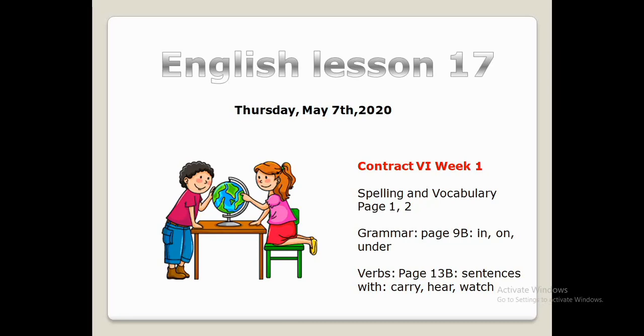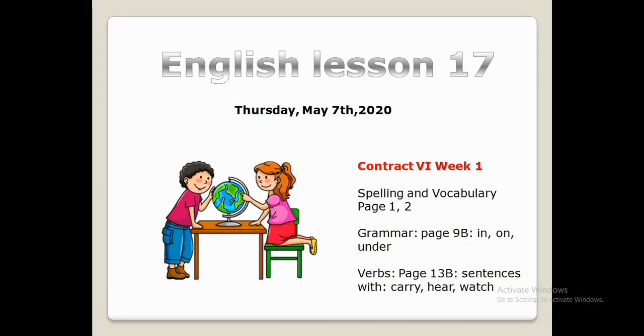And the topics that I have planned for today are, first of all, spelling and vocabulary. Let's write 3 times the words of the vocabulary from 1 to 6 on page number 2. And we are going to study the general meaning and the pronunciation of the words from 7 to 12 on page 1, okay?